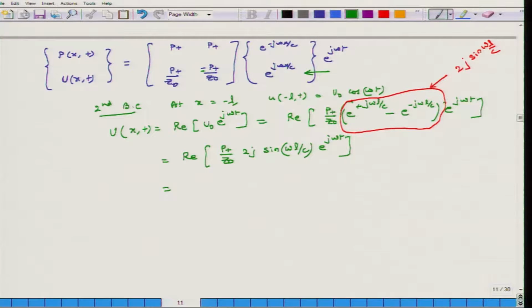So, that is equal to real of u naught e to the power of j omega t, from here. Okay. So, if the real parts of both sides are equal, then the term inside the bracket also has to be the same, because this equation is valid for all periods of time, for all values of omega and for all values of c.